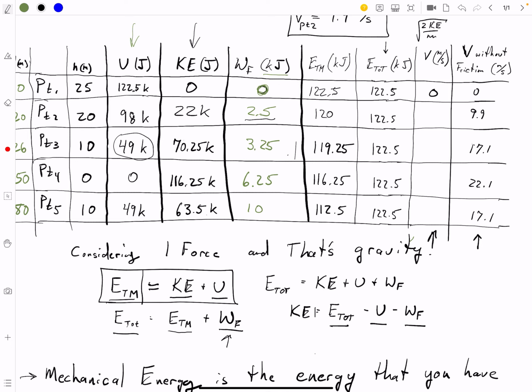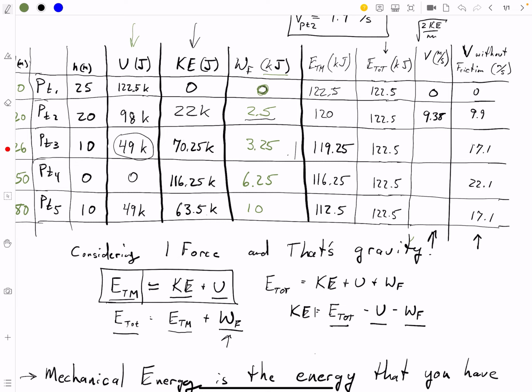I'm going to divide by the 500, multiply by 2, and then take the square root. And that gives me 9.38 meters per second. So compared, we've kind of dropped off a little bit, right? Friction is slowing us down.